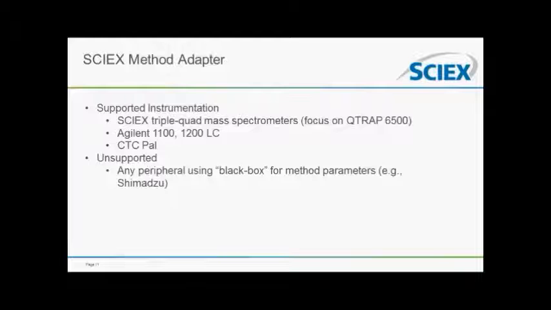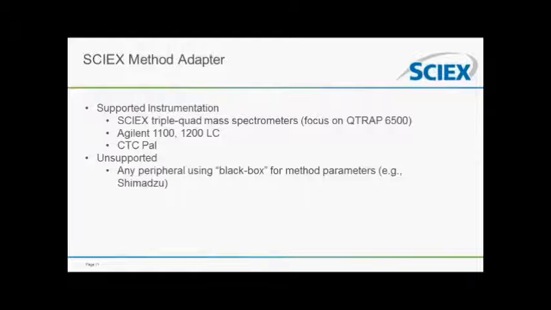So the instrumentation that we supported, when we began, we wanted to support everything that might occur in the lab. We started with the lofty goal of anything that interoperates with Analyst, we wanted to be able to support in the method adapter. We quickly realized that that wasn't practical, and we scaled that back to only the devices that are in the labs that Henning's working with, and quickly realized that that wasn't realistic.